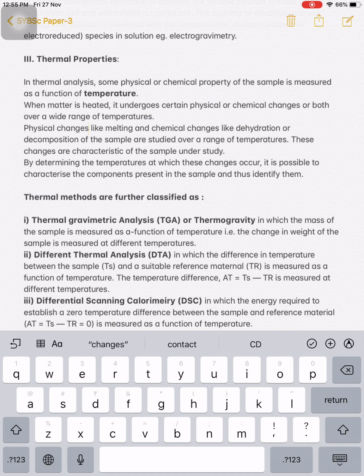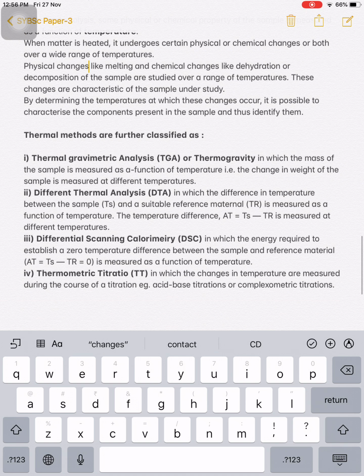during this experiment. These changes are characteristics of the sample under study. So these changes, the change in melting point or change in the decomposition of the component, are the characteristic of the sample which is under study. By determining the temperature at which these changes occur, it is possible to characterize the components present in the sample and thus identify them.